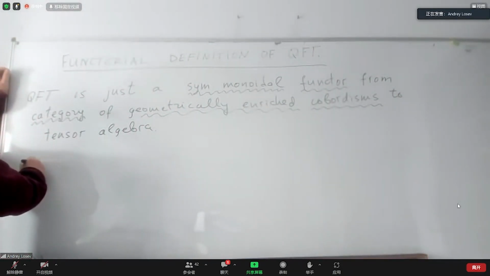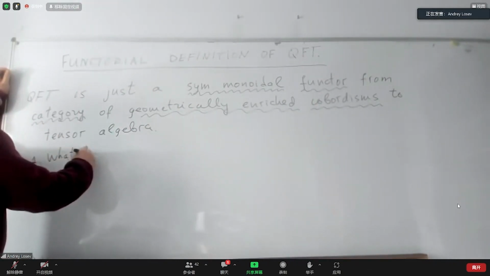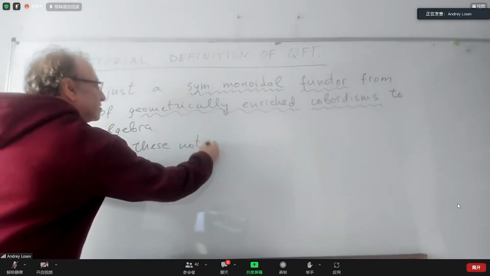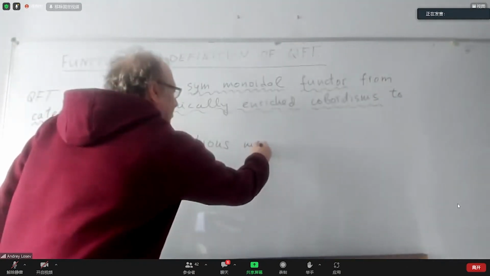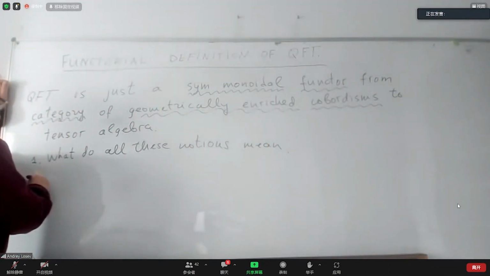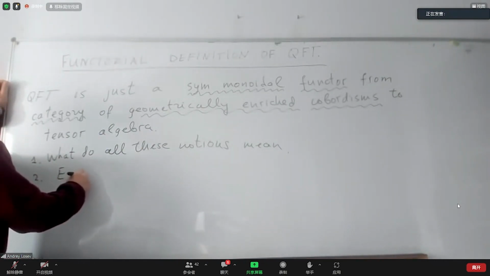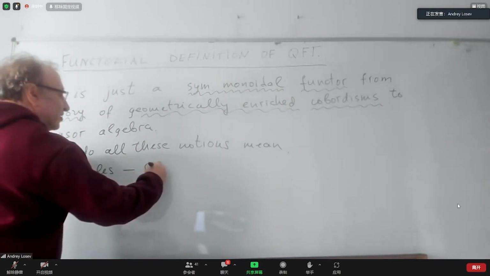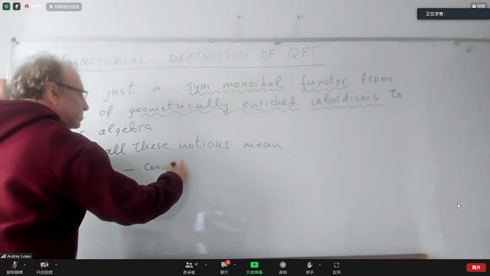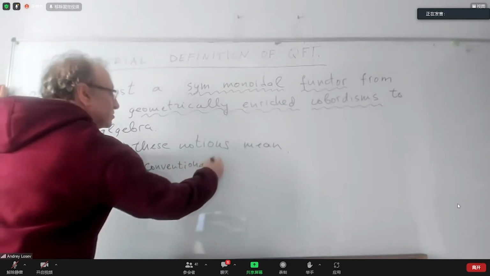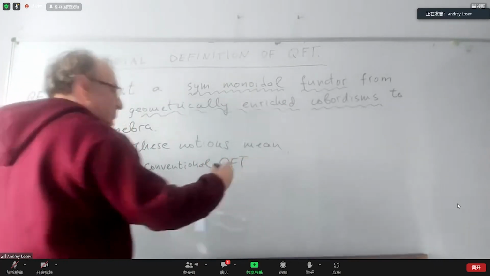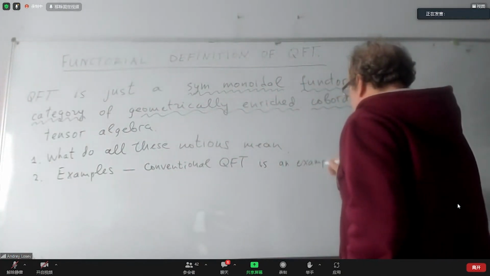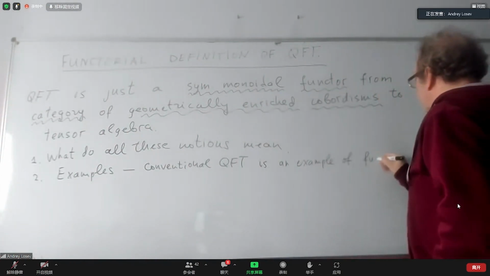So what I'm going to explain first is what all these notions mean. Second, examples. And you will see that conventional quantum field theory is an example of functorial QFT.